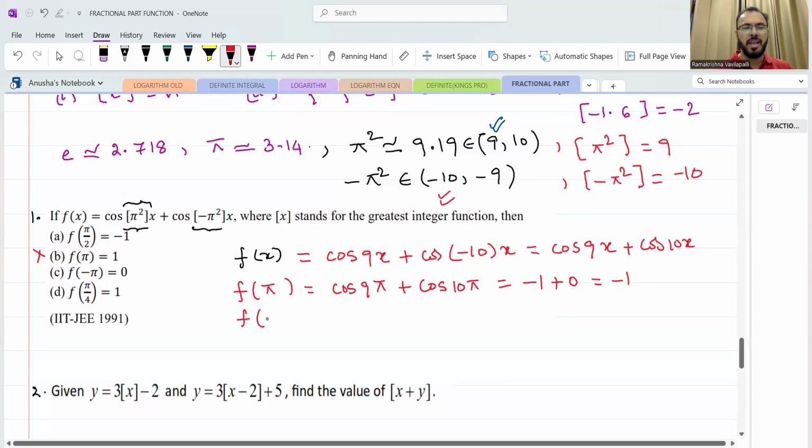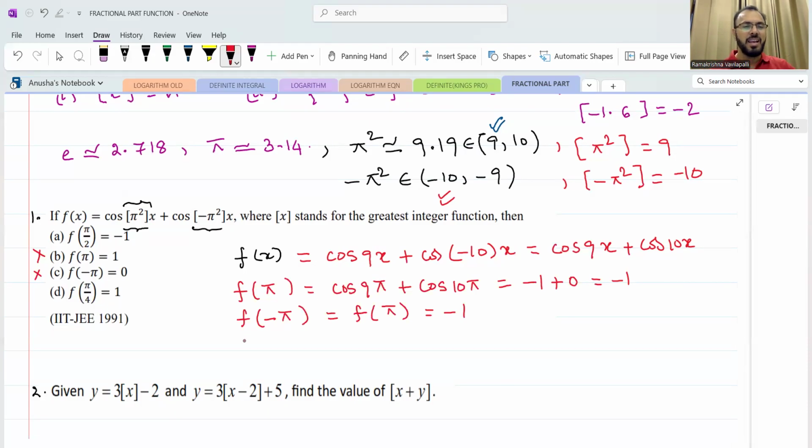Since cos of minus x is nothing but cos of x, f of minus pi is same as f of pi. So its value is also the same. So option C is wrong. Now what option can be true?